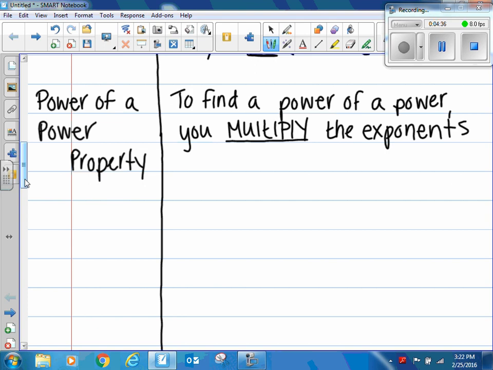So a couple examples here. Let's say I had 3 to the fifth, and I want to square that. Well, this is a power of 5 raised to a power of 2. That's where the power of a power comes in. So what it's saying is that I need to multiply these two. So this is equal to 3 to the 5 times 2, which is 10.